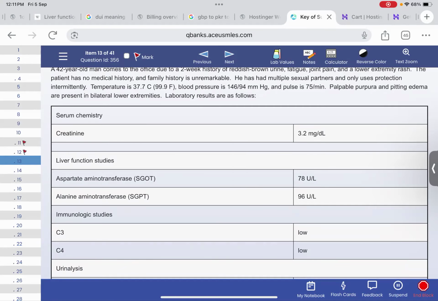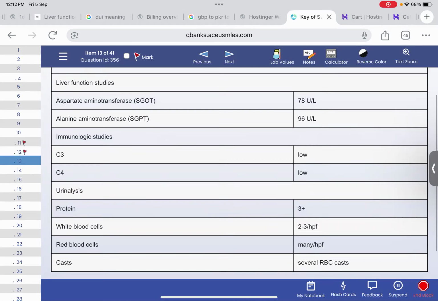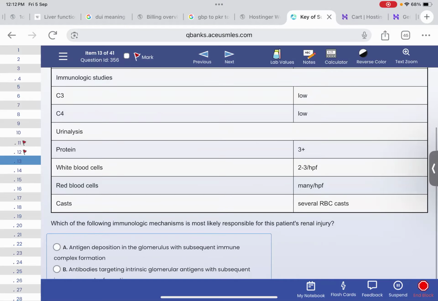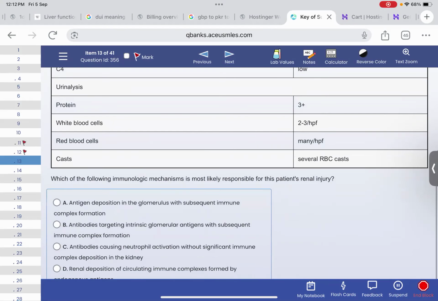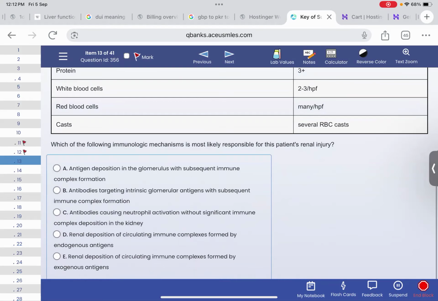Palpable purpura and pitting edema are present in bilateral lower extremities. Creatinine is high, C3 and C4 are low, protein is high, and we have several RBC casts. Which of the following immunologic mechanisms is most likely responsible for this patient's renal injury?